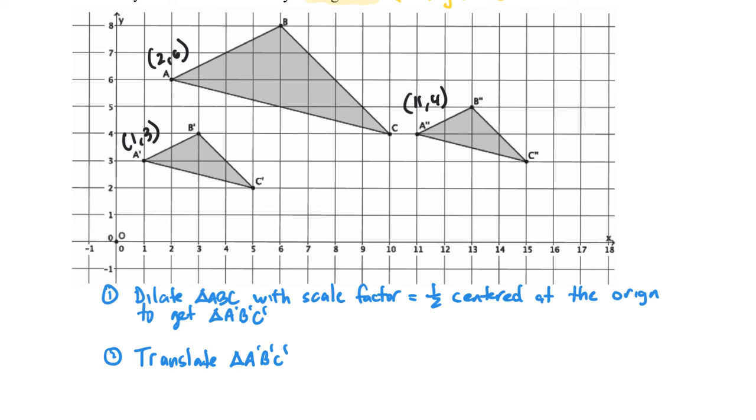We're going to go 10 units to the right, and we're going to go 1 unit up to get triangle A double prime, B double prime, C double prime.